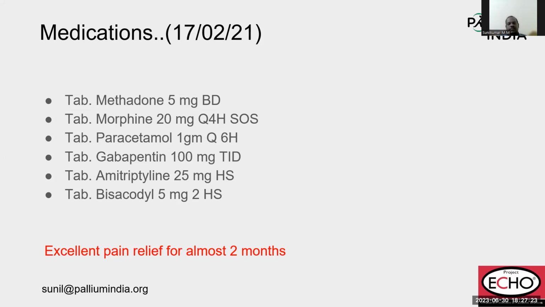So we should not allow the patient to suffer when the patient is coming to us. So we thought this is a patient who is a suitable candidate to start on methadone. Within 3 days, the patient will have very good benefit, and in 5 to 7 days, the patient has excellent benefit. So that's how methadone benefited her.